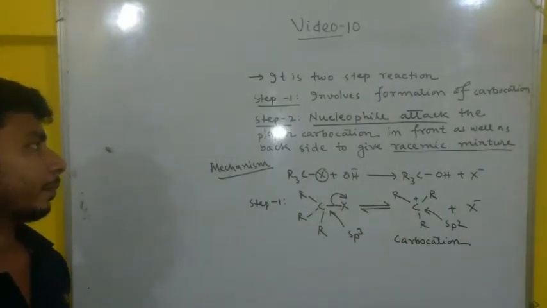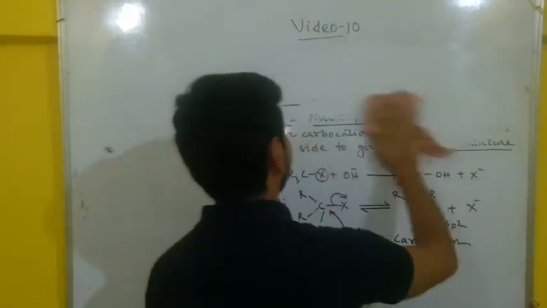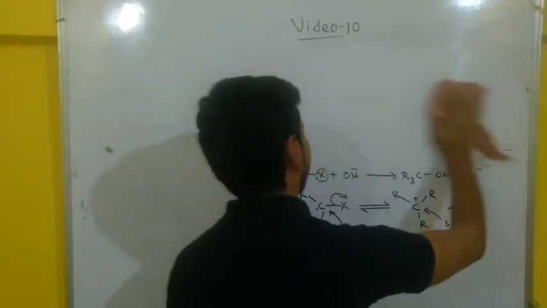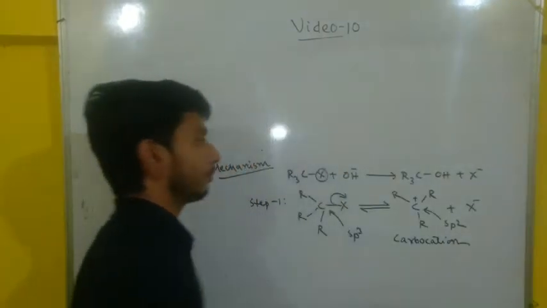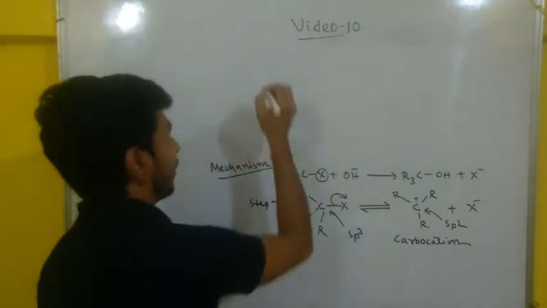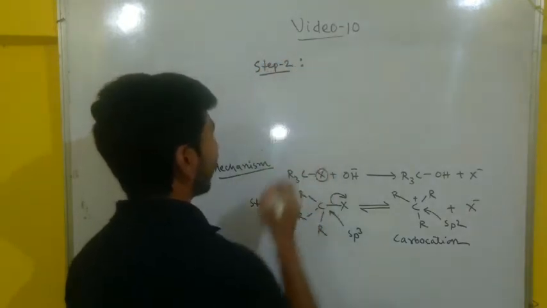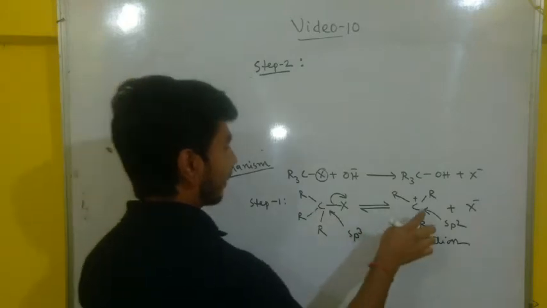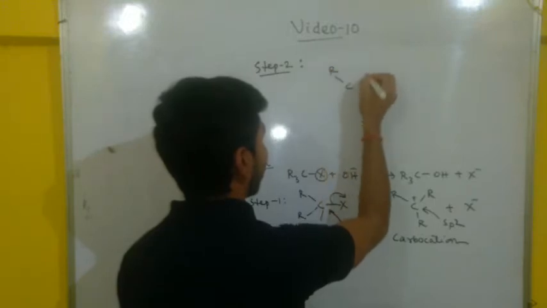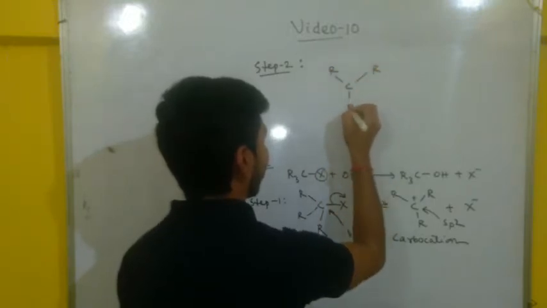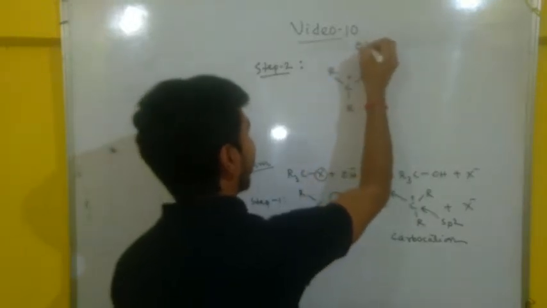Now, in the second step, what happens? In this carbocation, R, the nucleophile will attack.